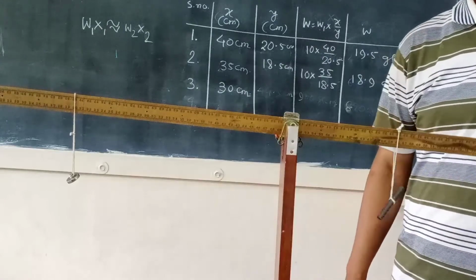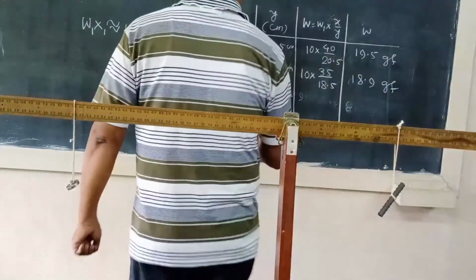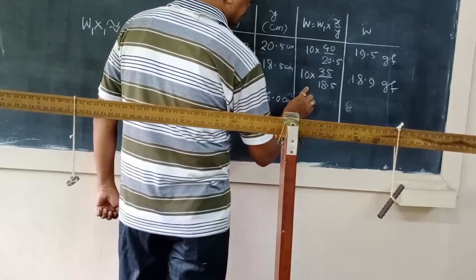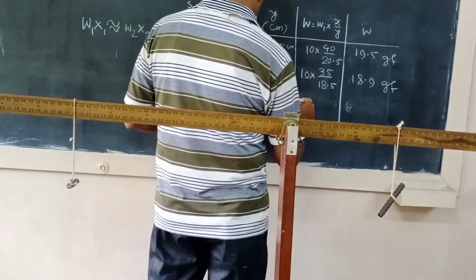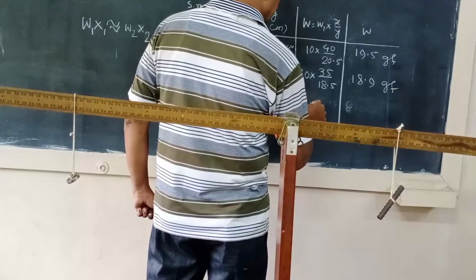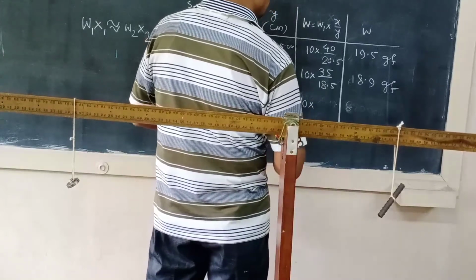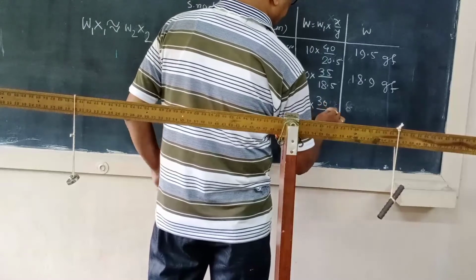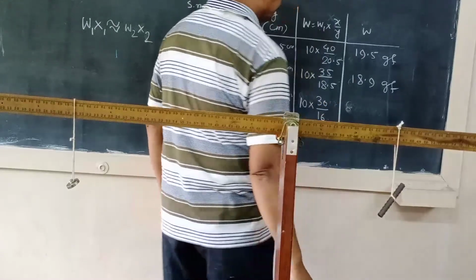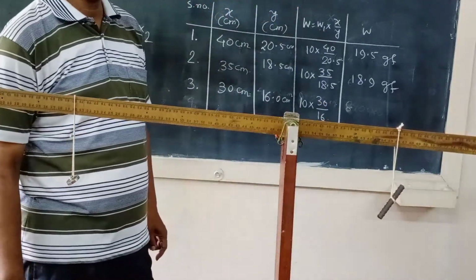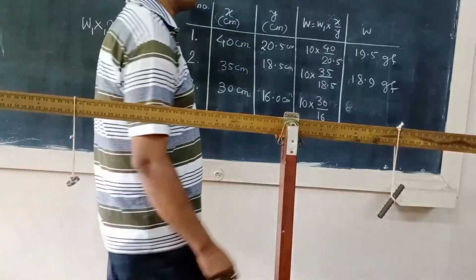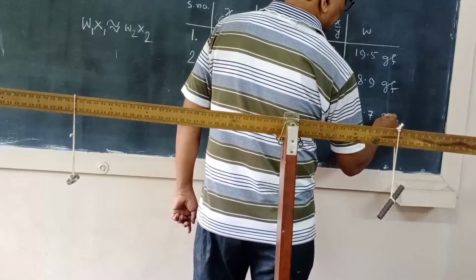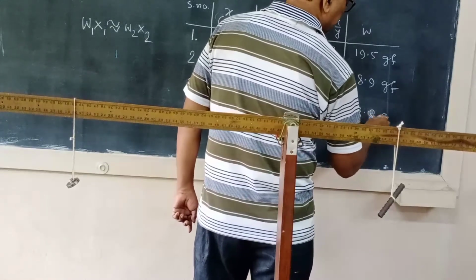So this reading is coming 16.0 centimeter. So the result is 10 into 30 divided by 16, it is 18.7 or 18.8 gf.